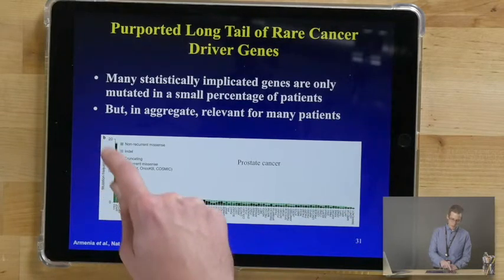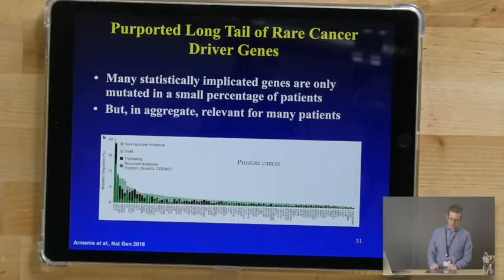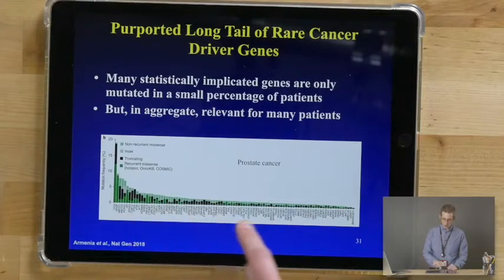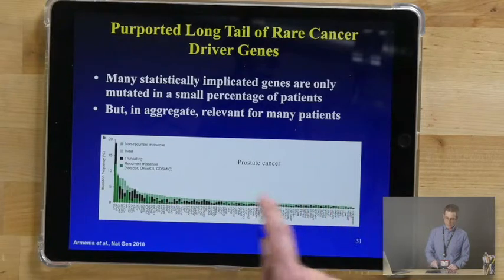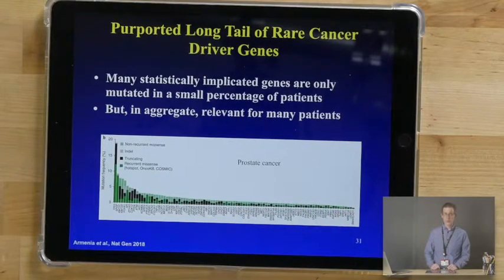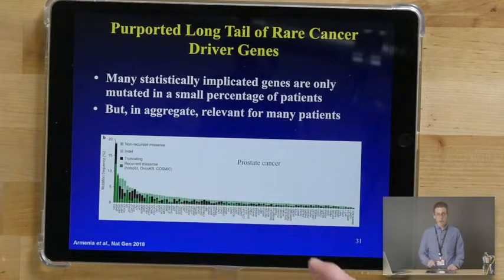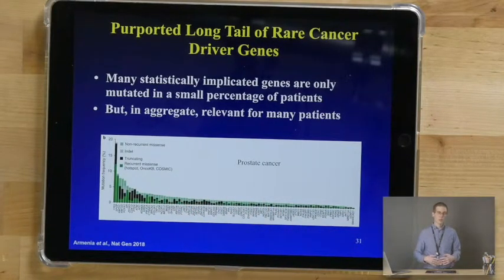But if you look at the mutation frequency, it's only near 20%. And you have along here many other genes which form a long tail of infrequently mutated genes, often below 5% or 2 to 3% of being mutated in tumors.